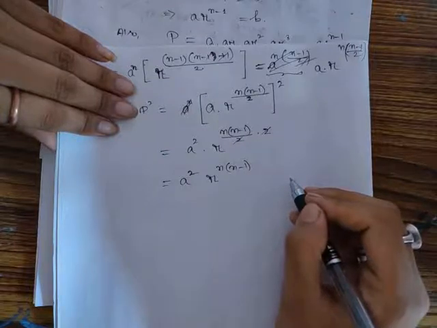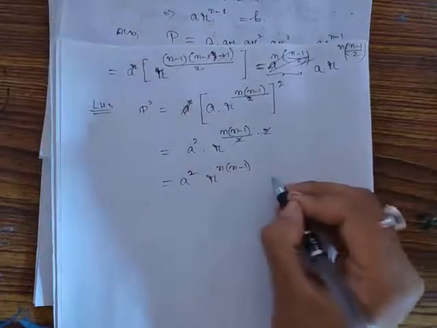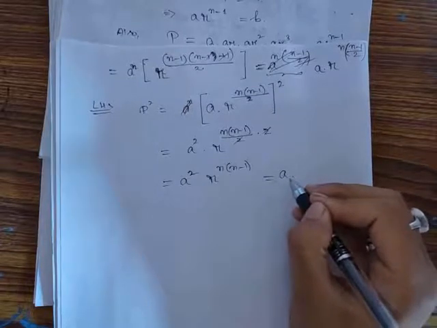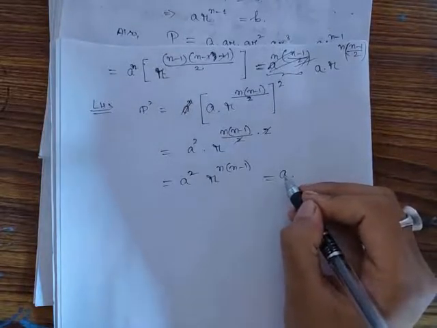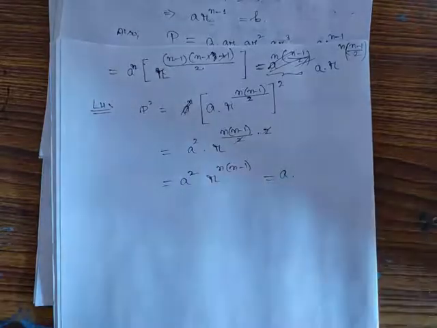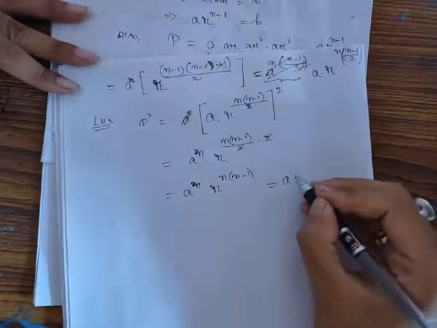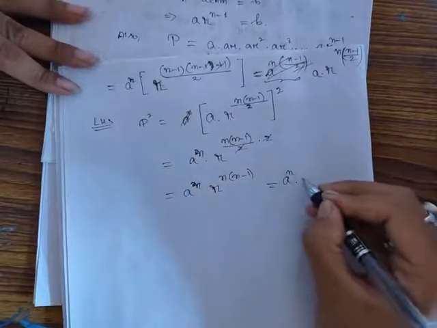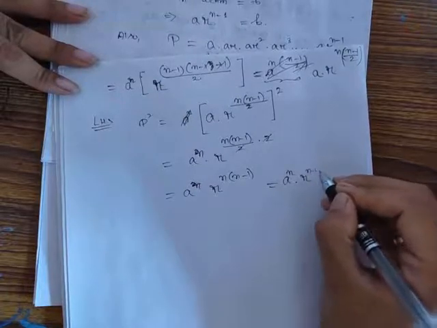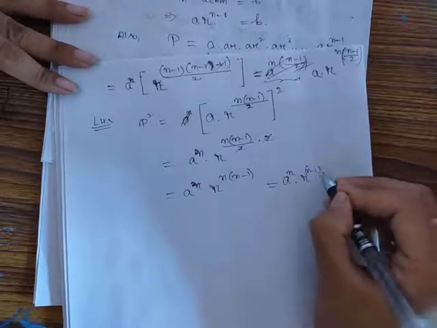Now we have to arrange a little. Keep your a's in this way. So here we have n and r; we can write n minus 1 into n.